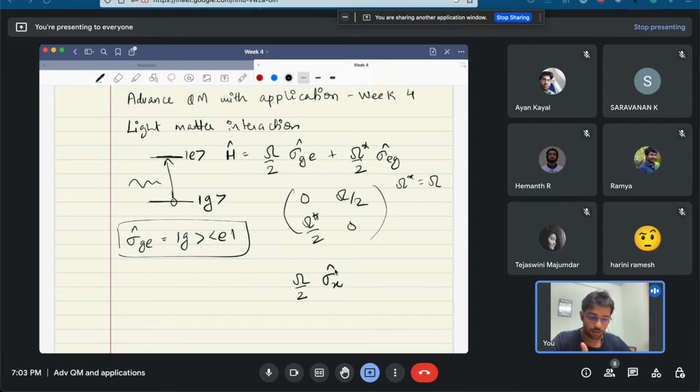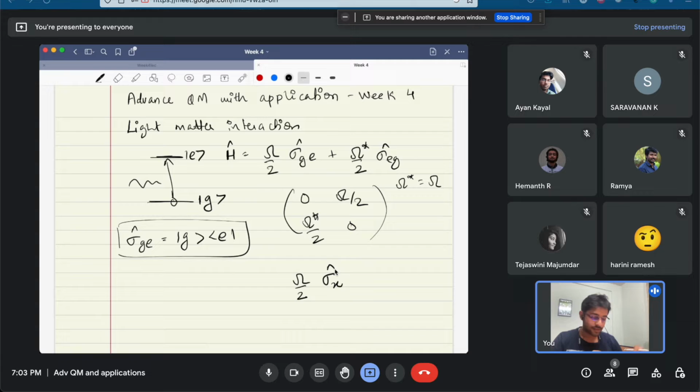We will see in this tutorial how this Rabi frequency is obtained and what it actually signifies in your real system. When you have an atom and a laser interacting with that atom, there are a lot of things, it's not just about the electron getting excited.